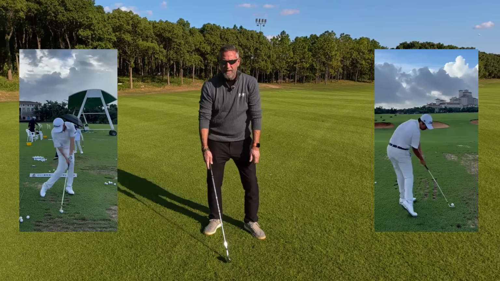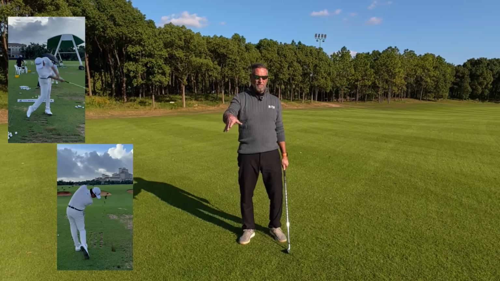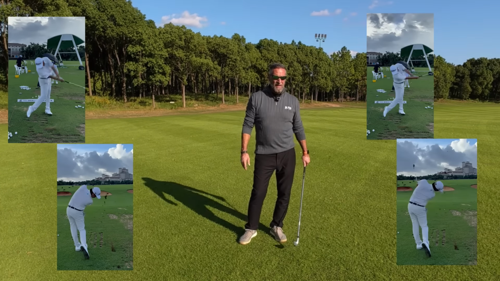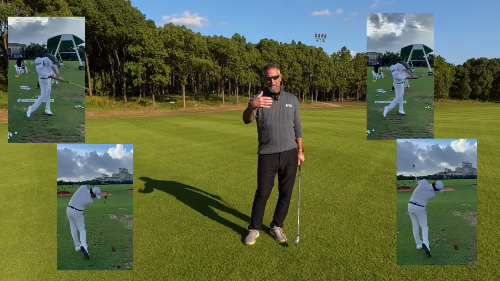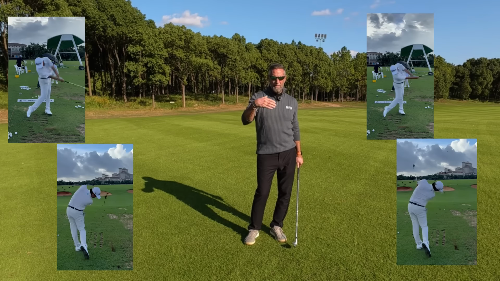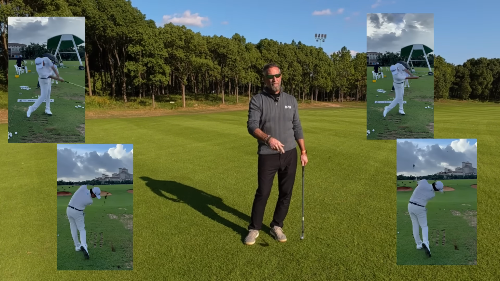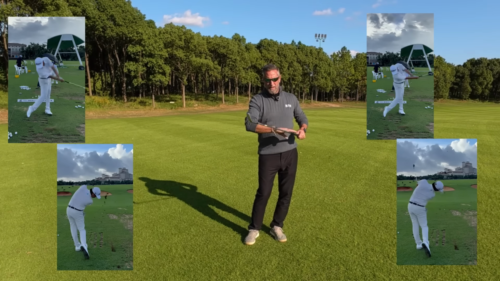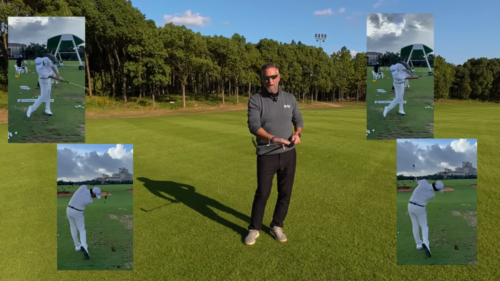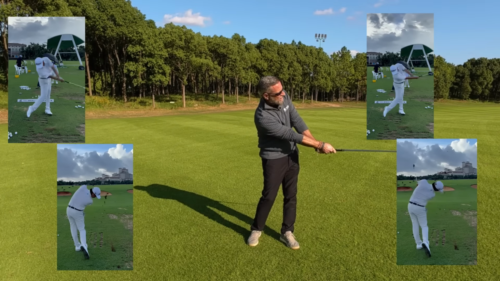So next we come to P8, but I will also talk about P9, because sometimes what I would explain to you now as a P9 can actually be a P8, because it is what happened first. P8 would be when the shaft, the club, is parallel to the ground, okay?